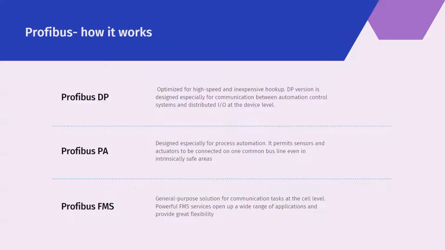The PA version permits data communication and power over the bus using 2-wire technology. And the FMS version is a general purpose solution for communication tasks at the cell level, and FMS services open up a wide range of applications and provide great flexibility.